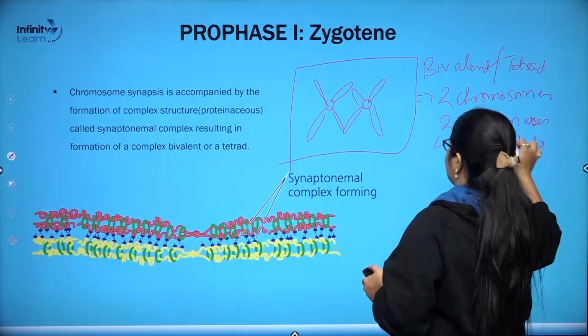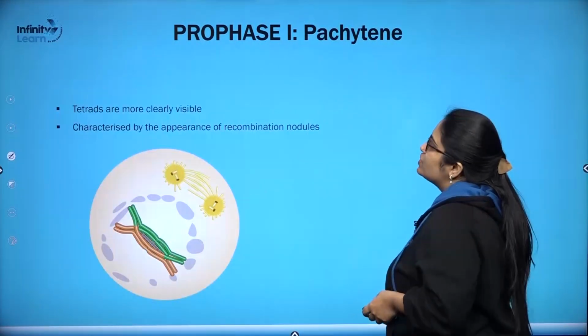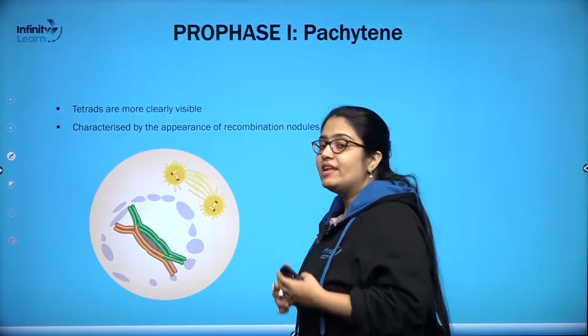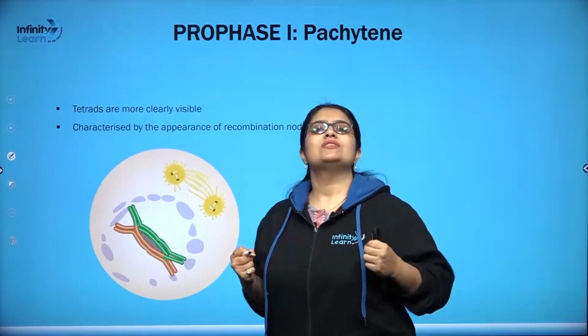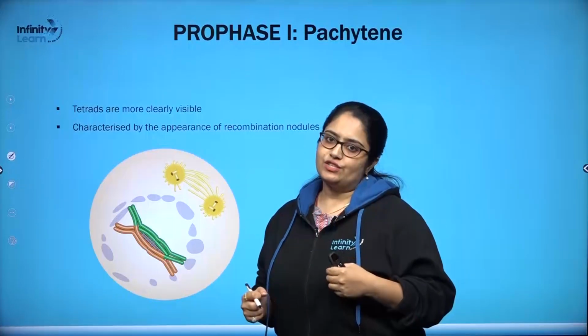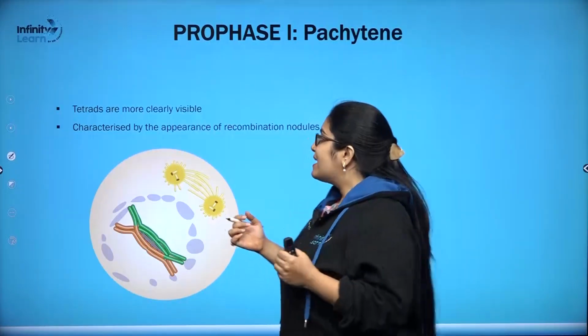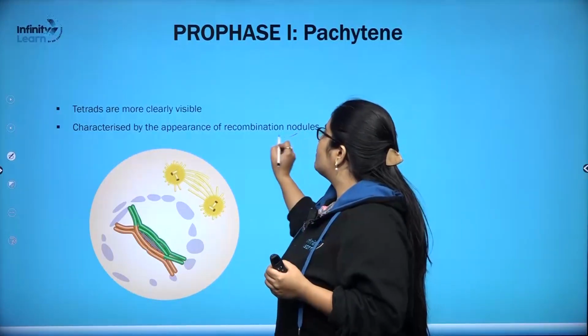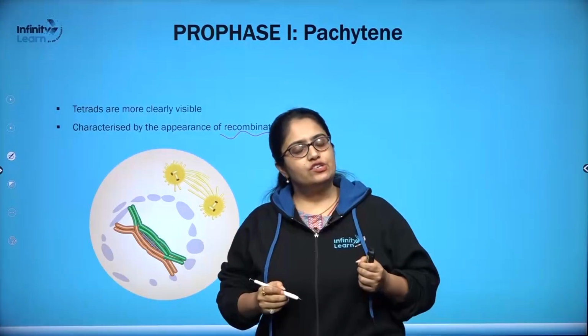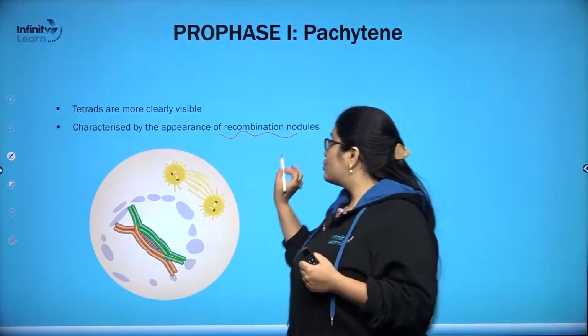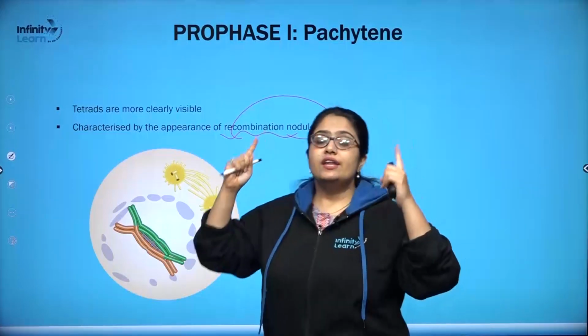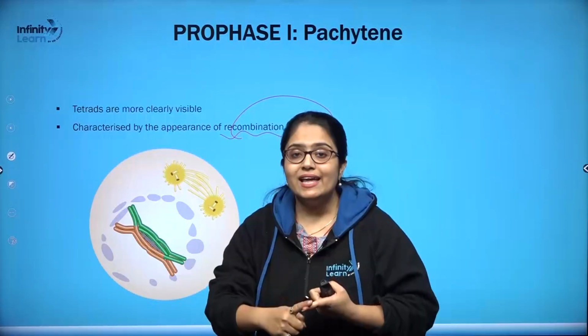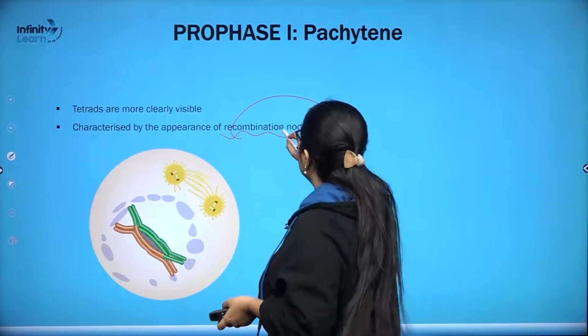Please remember this. Now in the next stage, which is the Pachytene stage, these bivalents, these tetrads will become more clearly visible, my dear students, and this Pachytene will be characterized by the appearance of recombination nodule. Now what is this recombination nodule, my dear children?